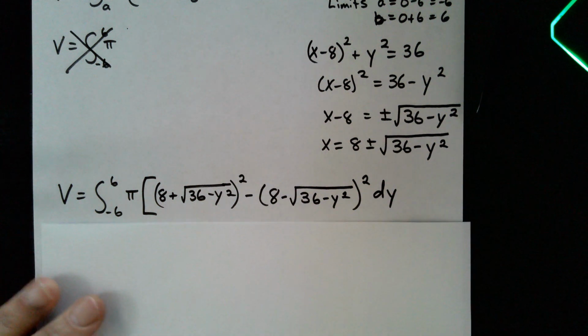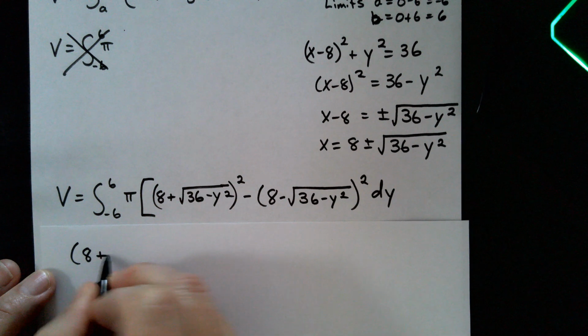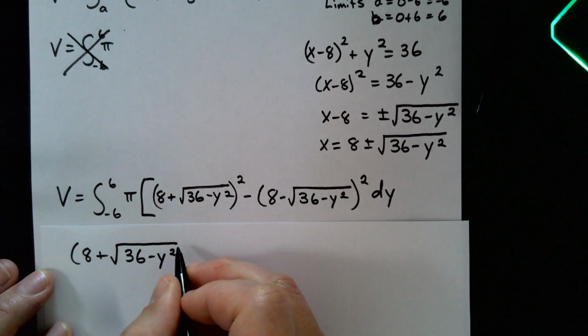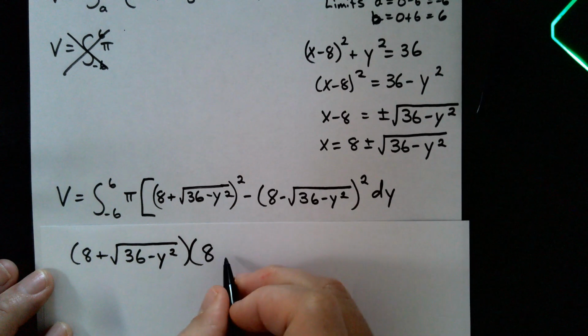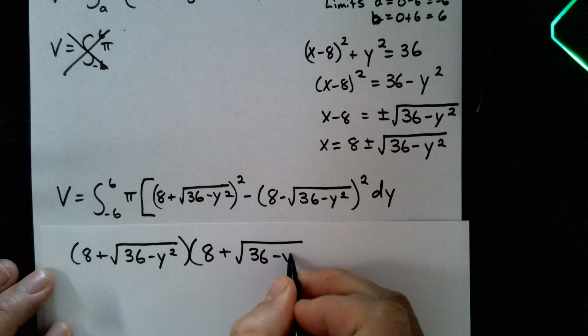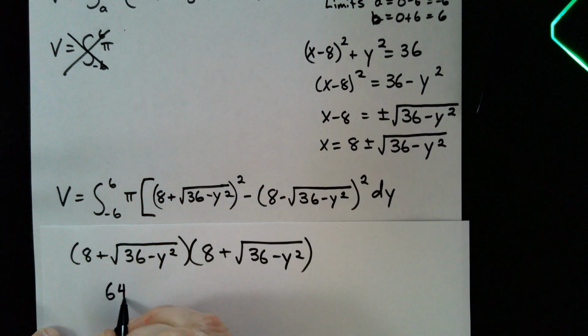Let me write that right here on this one. If we have 8 plus the square root of 36 minus y squared, that's the same thing as multiplying it by itself. First term times first term, that's 64.